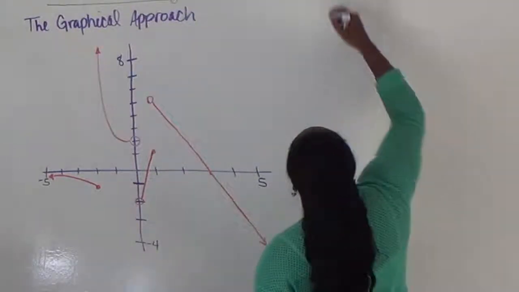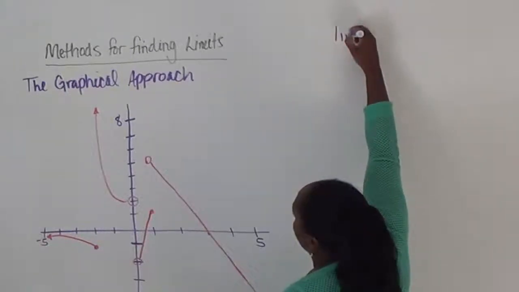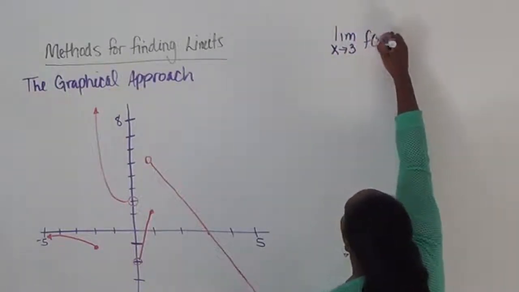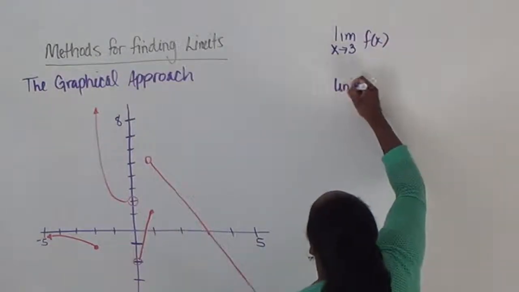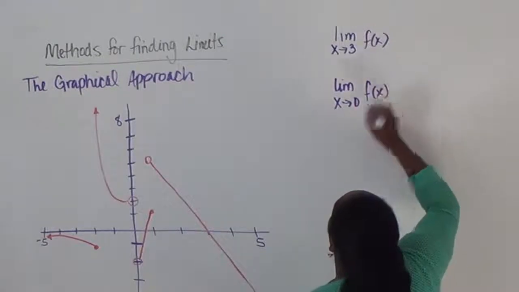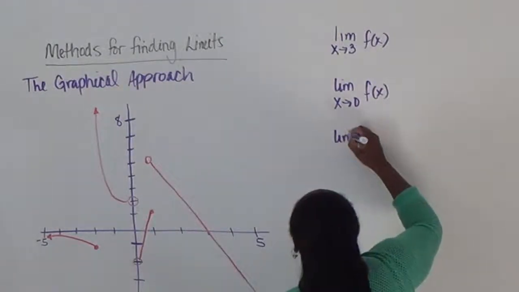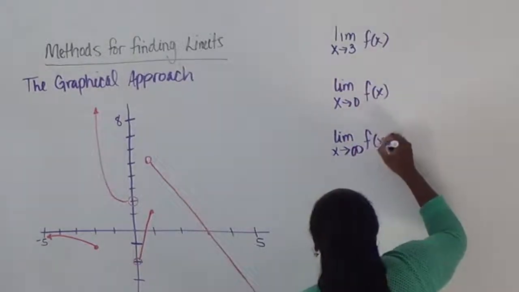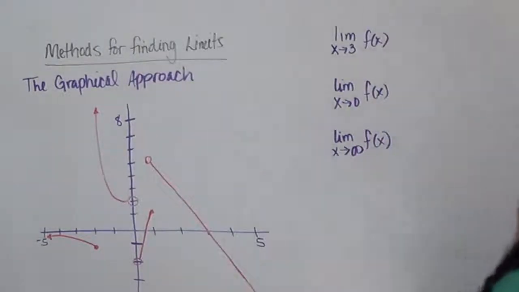So let's look at the limit as x approaches 3 of f of x. And let's look at the limit as x approaches 0 of f of x. And we're going to look at another notion to start out, the limit as x goes to infinity.